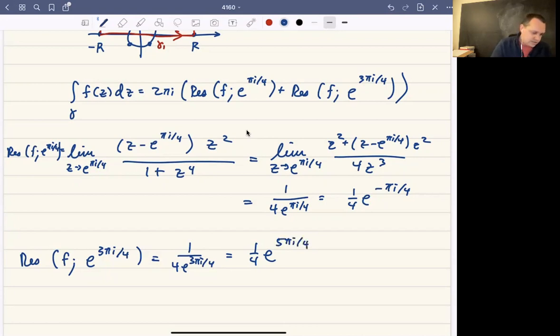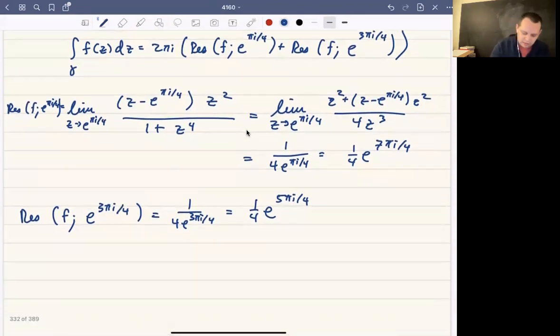Okay, so that's the residue there. And when I said e to the negative pi over 4 before, I meant e to the 7 pi I over 4. So what I said was right, just not helpful. It doesn't matter. Anyways, this is fine.